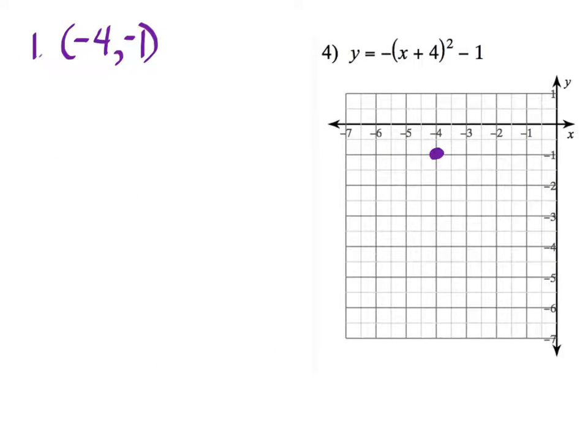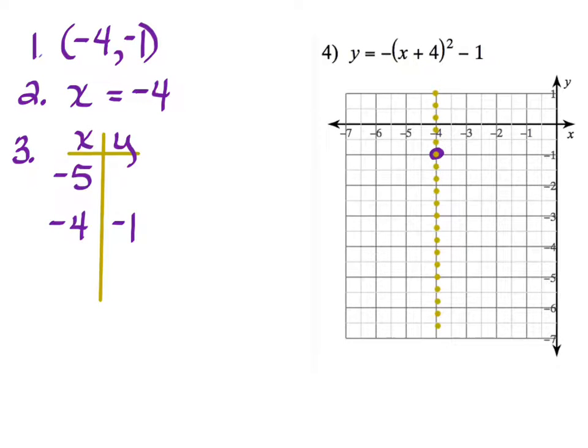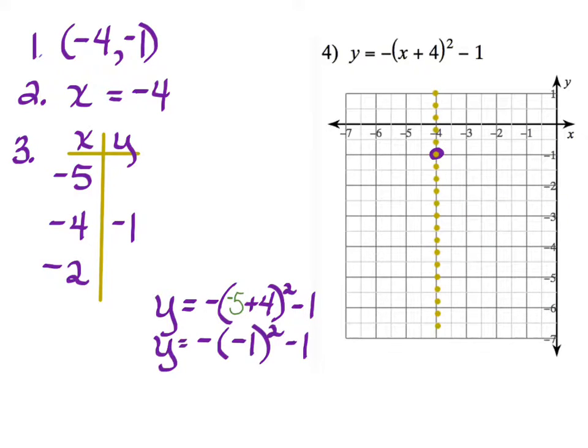Identify the vertex, the axis of symmetry, and table of values. I chose the number -5. Again, order of operations. Be real careful right here. That negative is still looming out there outside those parentheses. When you square this -1, it becomes a +1. And then you will negate it and subtract 1, so you get -2.